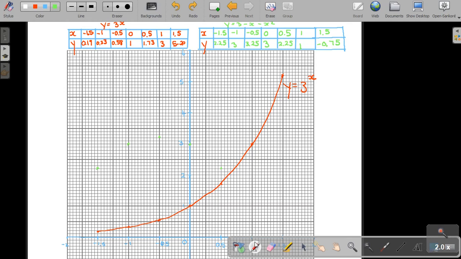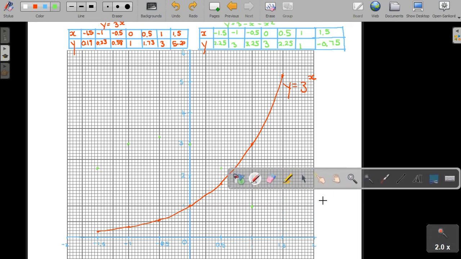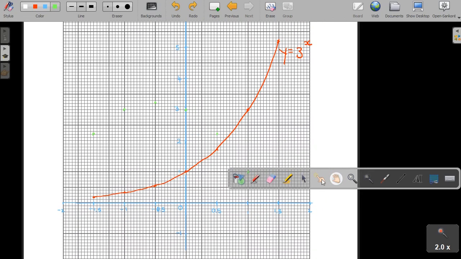And then it's 1 and 1. And it's 1.5 and negative 0.75. So I have to move this up a little bit. So let's just see. 1.5 and negative 0.75.